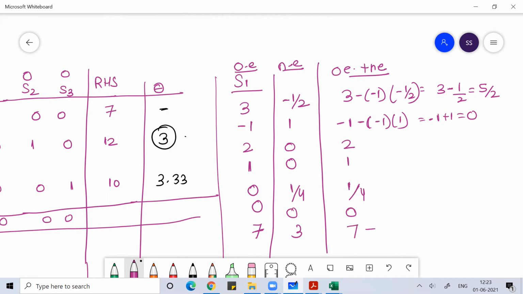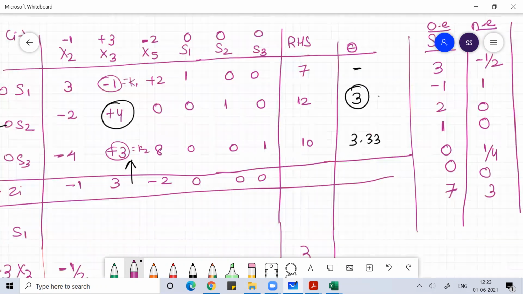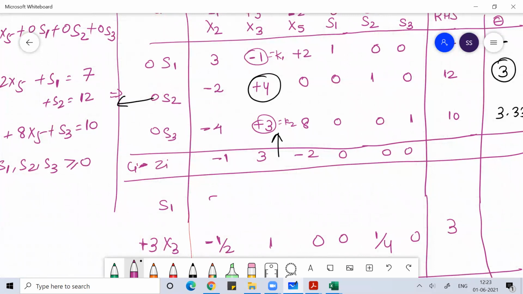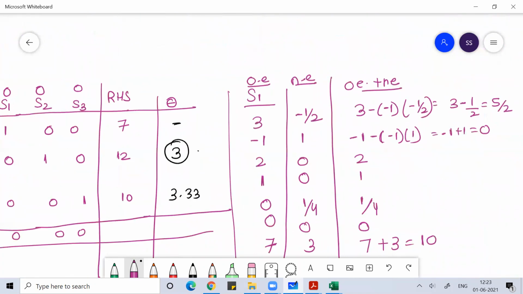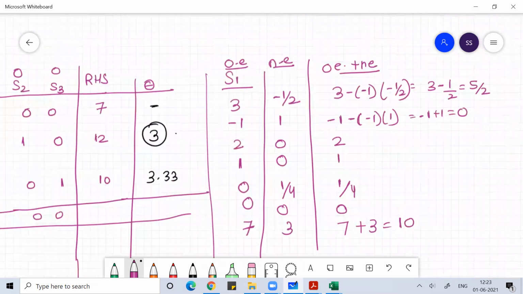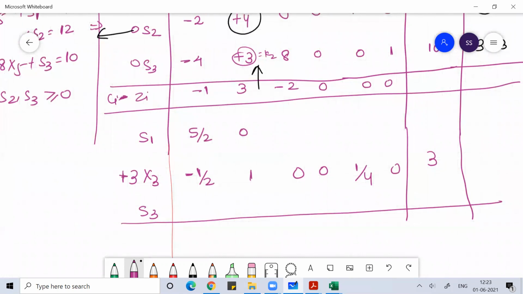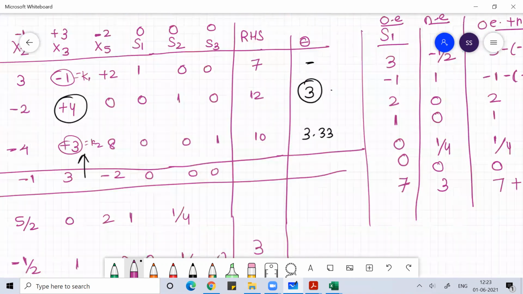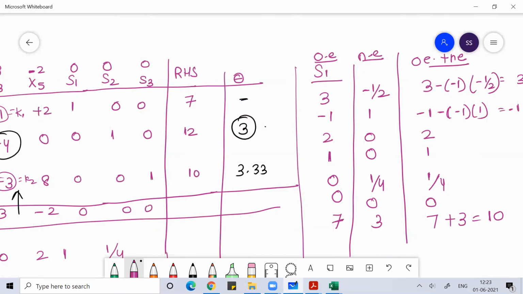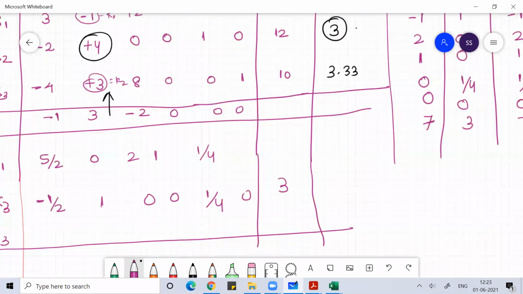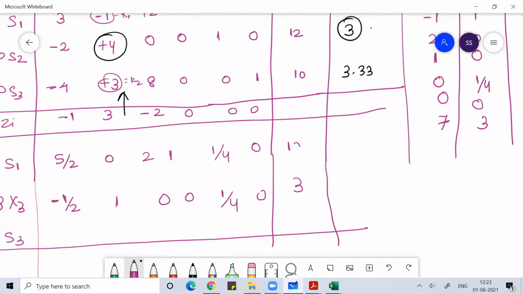Then this is 7 plus 3, which would be 10. So the new S1 row is 5 by 2, 0, 2, 1, 1 by 4, 0, 10.